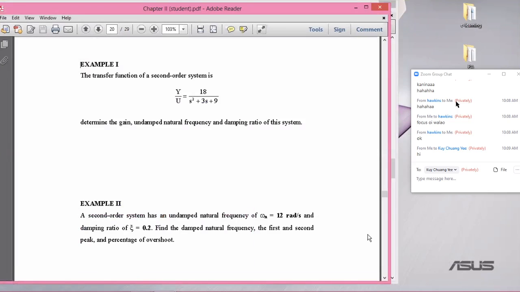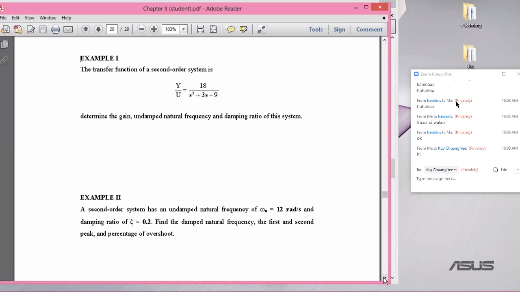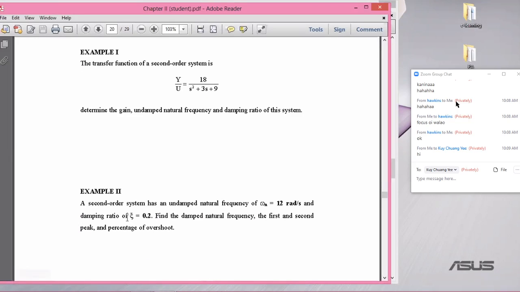Okay, so the next question, next example, example 2. See, it is given that a second order system has undamped natural frequency 12 radian per second, a damping ratio of 0.2. So find the damped natural frequency, the first and second peak, and percentage overshoot.